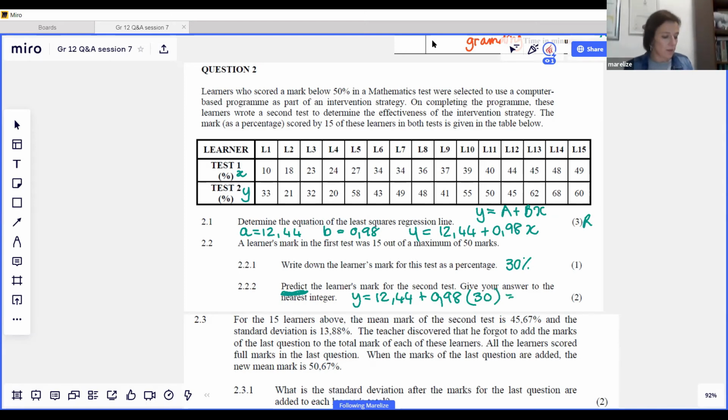Let's see what we get. And we have to give it to the nearest integer. So I get 41.84. So to round to the nearest integer is 42.